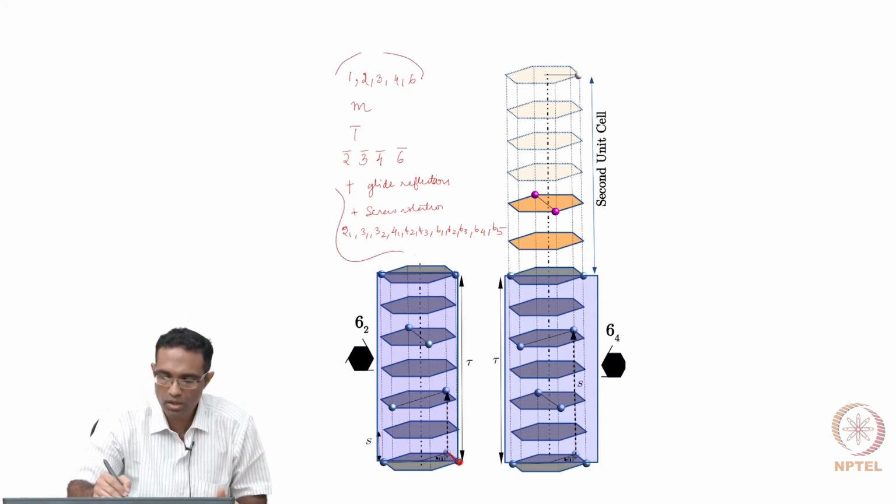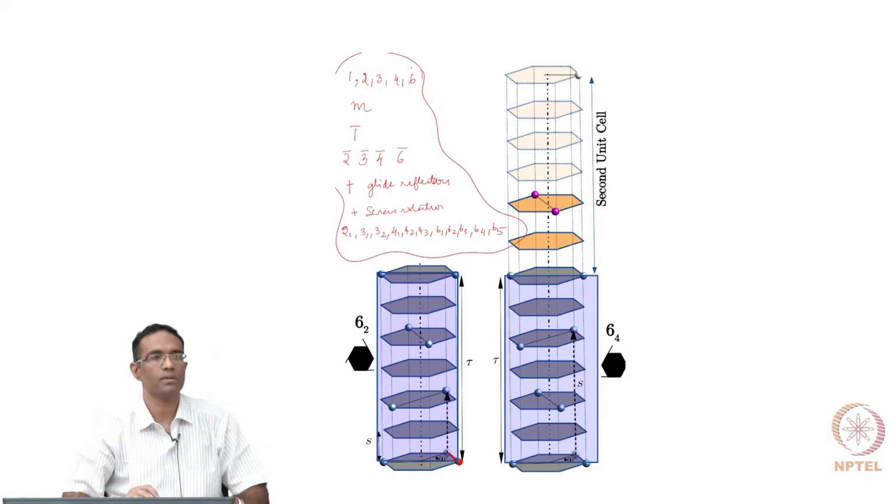If you combine all these set of operations and examine the total number of possible ways you can arrange points in 3D space, you will get 230 different ways possible.